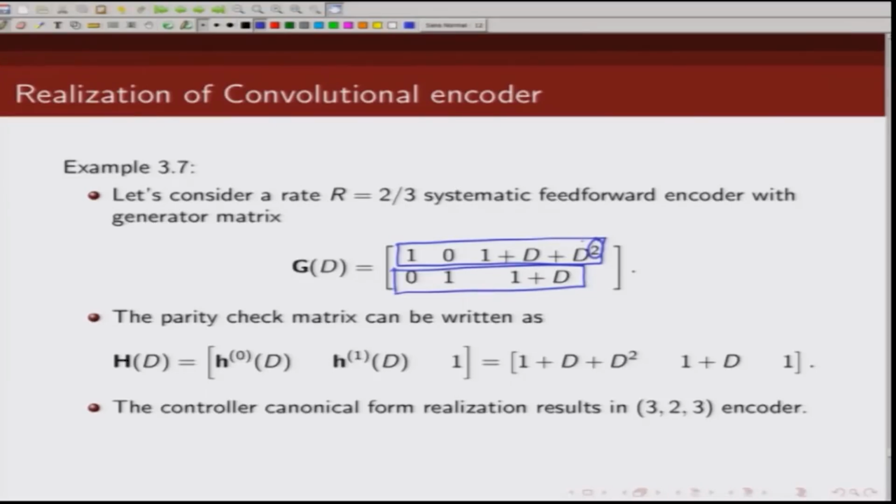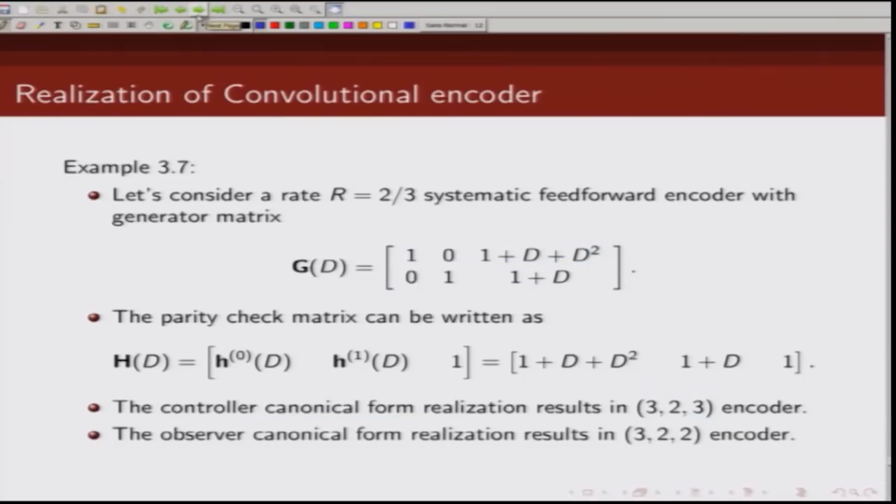So, in total we will require 3 memory elements. That is what I said, for the controller canonical realization for this rate 2/3 code, this is my n, this is k, and this is the memory order. We basically require 3 memory elements to represent this convolutional encoder in the controller canonical form realization.